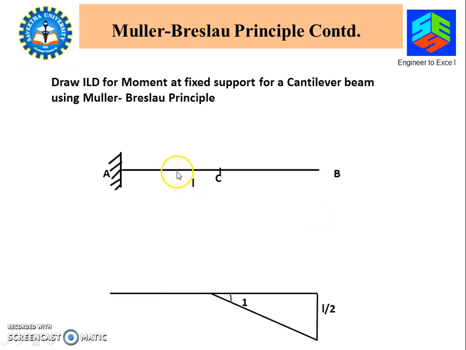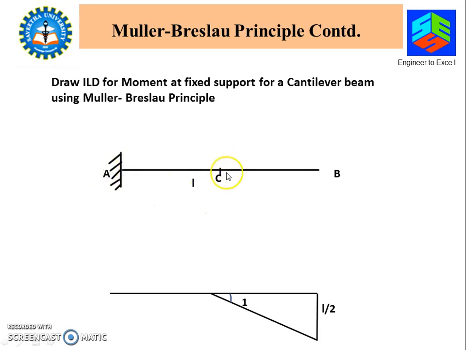Similarly, if you want to draw the ILD at the center, the midspan of a cantilever beam, using the Muller Breslau principle, what do we do? At this point, we will apply a fictitious hinge and apply a unit rotation. This part AC is not going to change since it is fixed, nothing is going to happen.